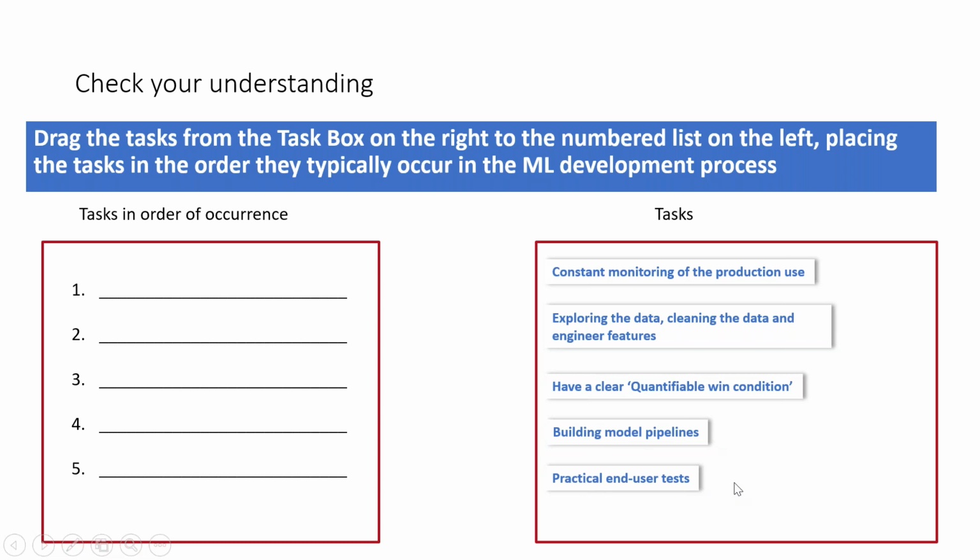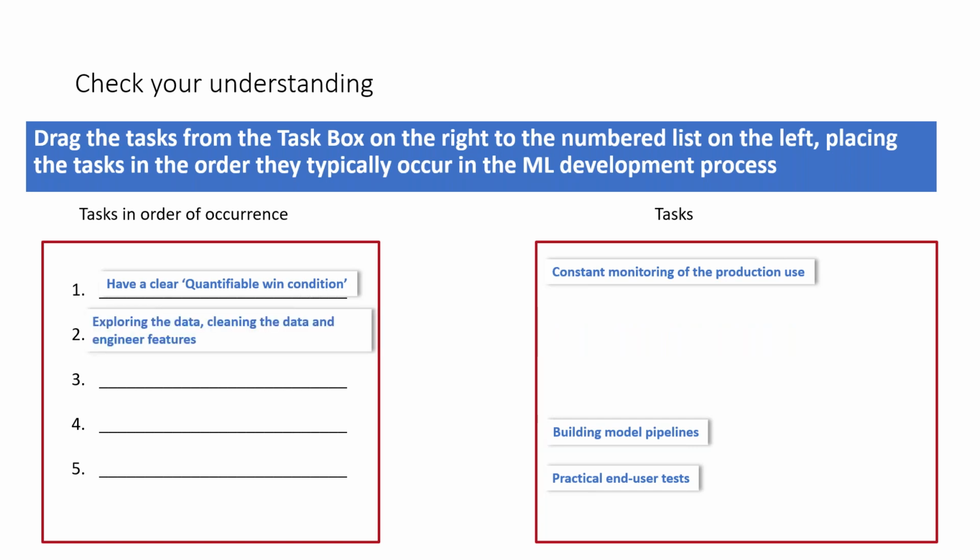Which will go first? Have a clear quantifiable win condition, because this is what happens in stage 1. Okay. So after this, what will happen? Exploring the data, cleaning the data. Yes. So we will get into the second stage of data assessing.